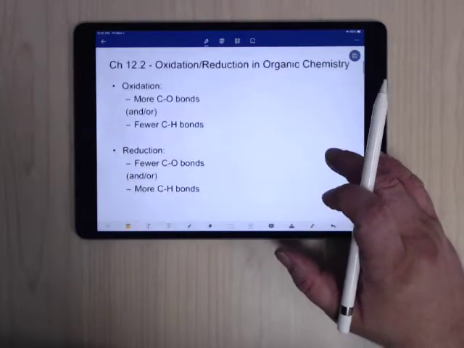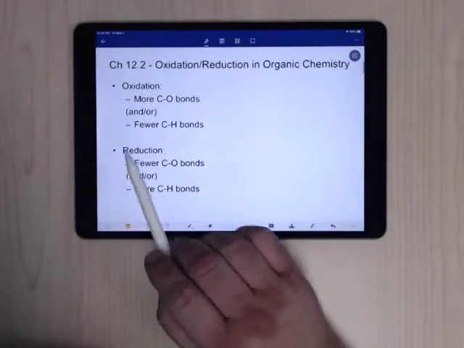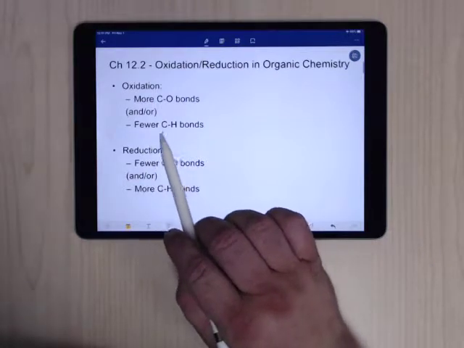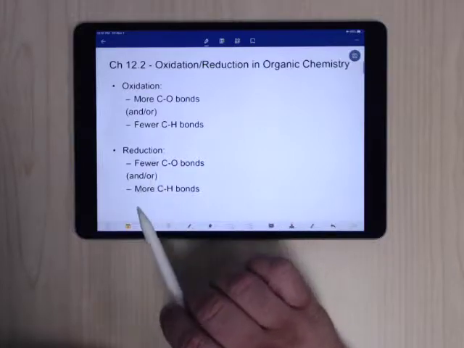Now, as far as oxidation and reduction in organic chemistry, you can think of it 2 ways. If you're increasing the number of carbon-oxygen bonds, you're oxidizing. If you're reducing the number of carbon-oxygen bonds, it's reduction. So just look at how the number of CO bonds changes. Another way you can think about this is that if you have fewer CH bonds, it's an oxidation, and a reduction is more CH bonds.